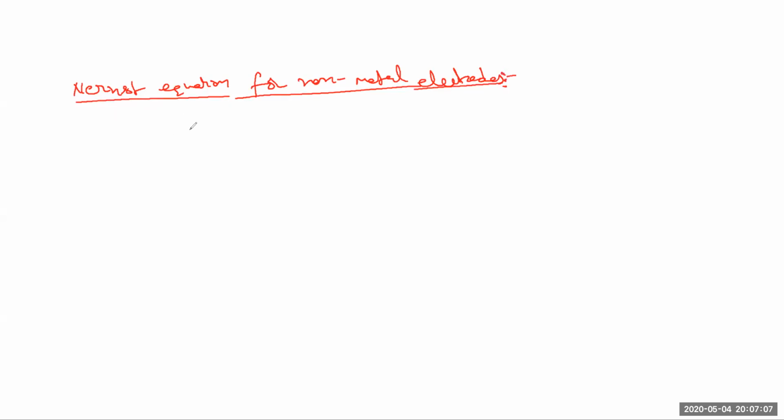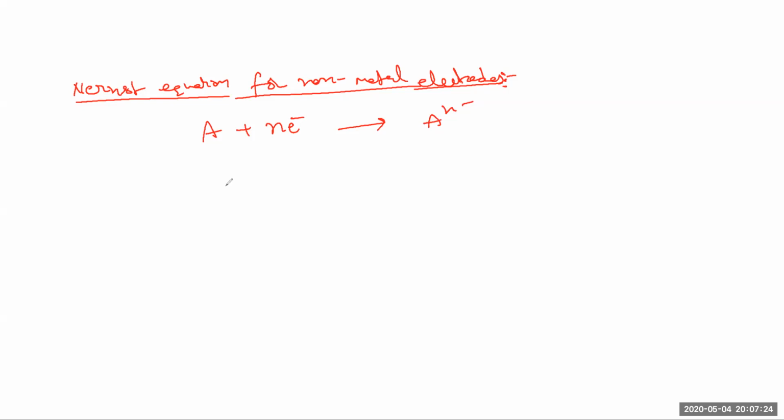According to IUPAC conventions, only the reduction form is considered. For the non-metal, addition of electrons is the reduction. N electrons added, it becomes A power n minus.